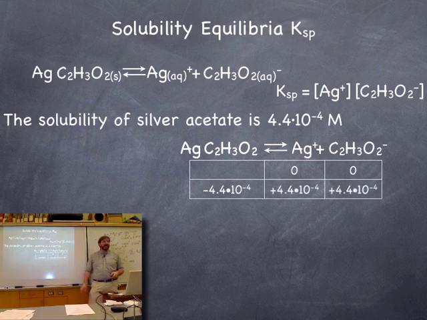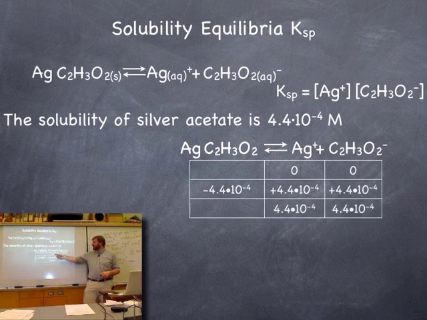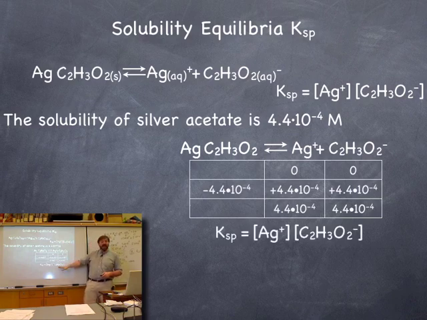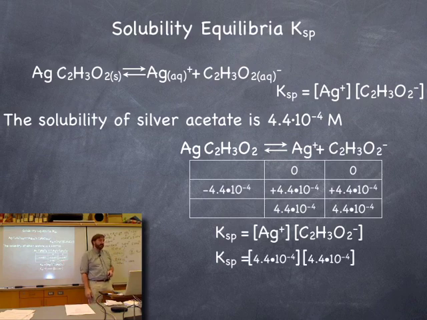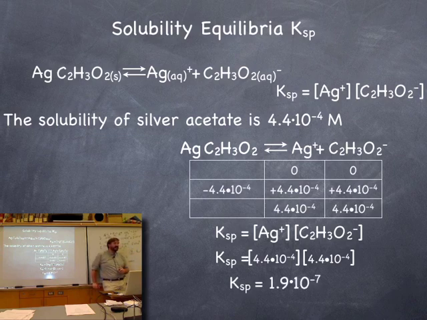I'm going to get those two values from the solubility. Once I have those values, because I started with 0, I can solve for the Ksp value, right? I'm going to take that same equation and substitute in the concentrations of silver and acetate. The solubility product constant, the Ksp for silver acetate, is 1.9 times 10 to the negative 7. That's simply multiplying these two values together.